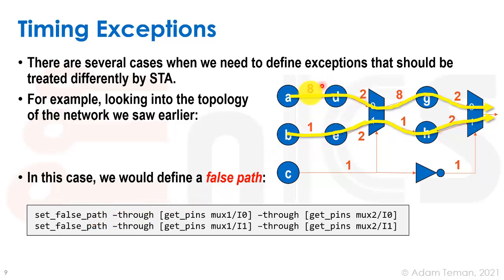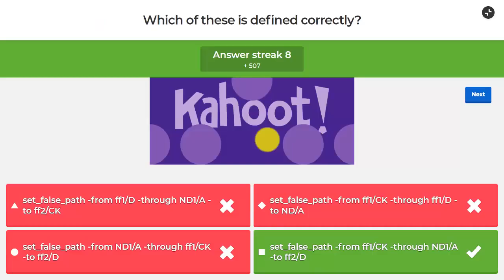So in this case, we wanted to show paths through these two muxes, so we said minus through the mux I0 and the mux I0. Going back to our Kahoot then, if we said set false path minus from flip-flop 1D, well, D is not a start point. Yes, we do start from the flip-flop, but the starting point of the flip-flop also includes the propagation delay from the clock to the Q of the flip-flop.